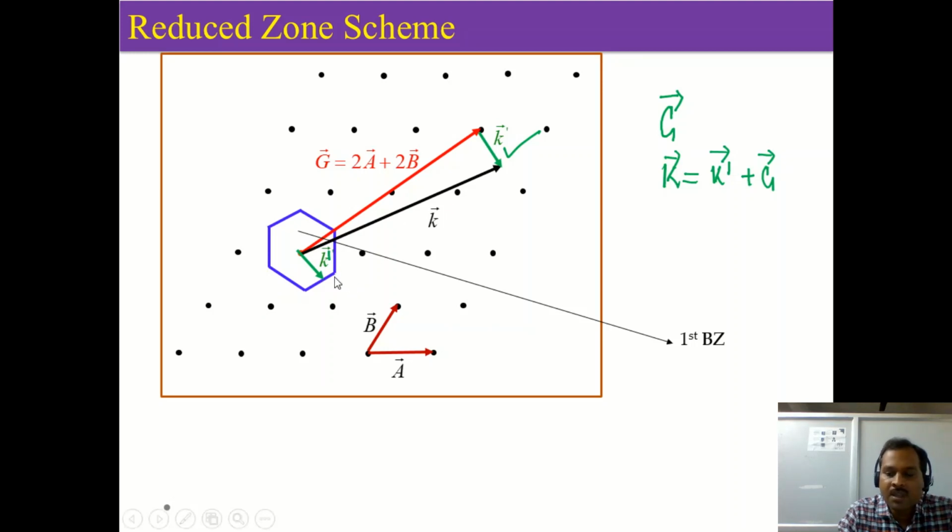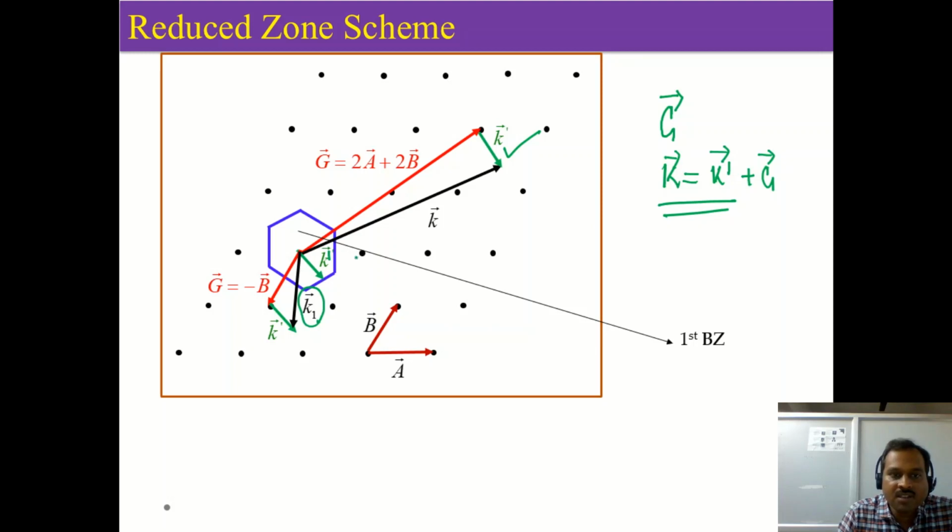But this k prime vector is not unique only for this vector k. We can have any other vector, like here we have taken the vector k1. This is not a reciprocal lattice vector, because it is not connecting the lattice points in the reciprocal space, and this k1 vector can also be switched back into the first Brillouin zone with the help of this relation.